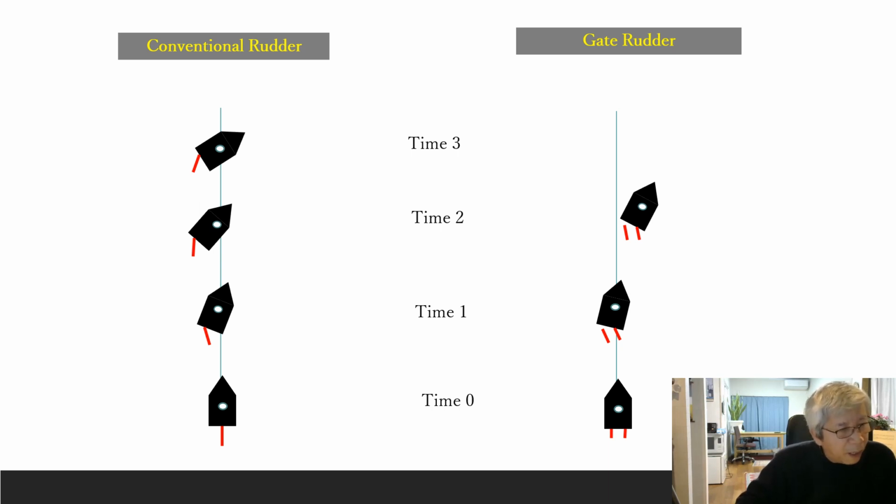The yaw angle, the oblique angle of the vessel, is small compared to this case. So this is a Gate Rudder. And also the ship speed is not so reduced by the rudder, because the rudder resistance is small. So this is the difference of the trajectories of the two vessels.